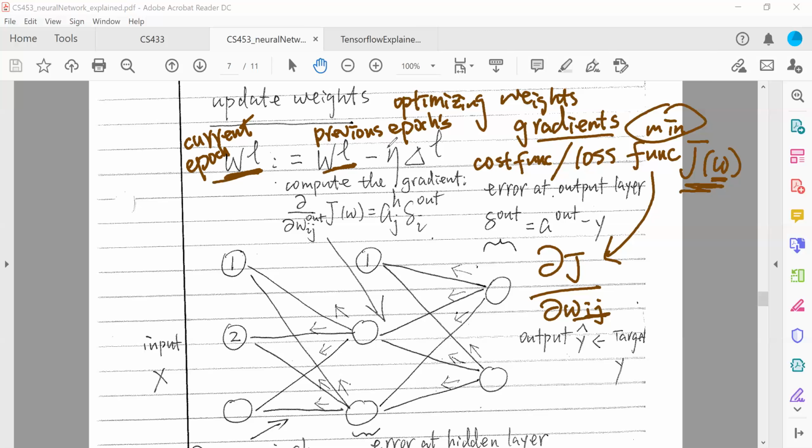And here we have the learning rate, so it's the learning rate times the gradient. So gradient calculation is very important.